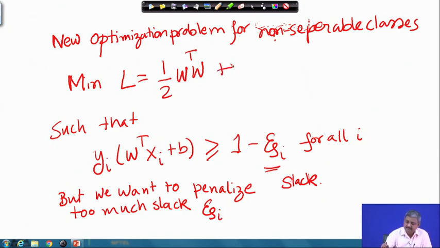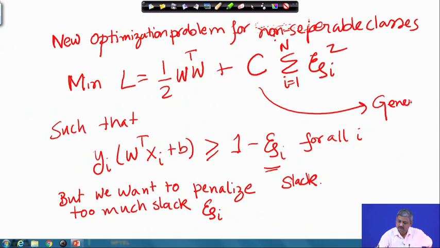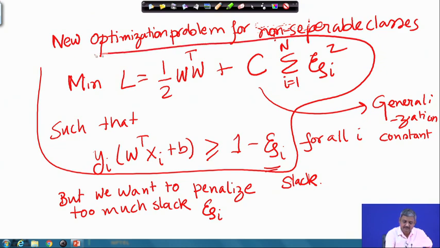So, add it as a penalty. Note that every point x i will have a slack xi i. Minimize this and multiply these two factors by a constant C. See, this C I call a constant. It controls the trade-off. So, this is clear. This is my new optimization problem, new constraint, new objective function. Constraint: I add slack. Objective function: I penalize slack. Okay.